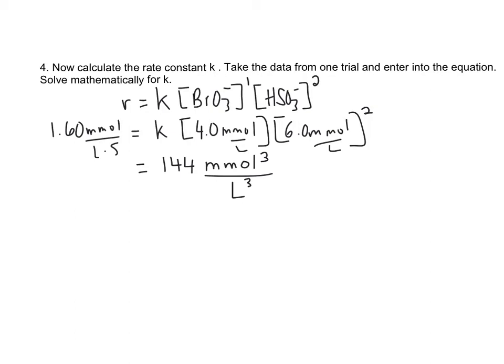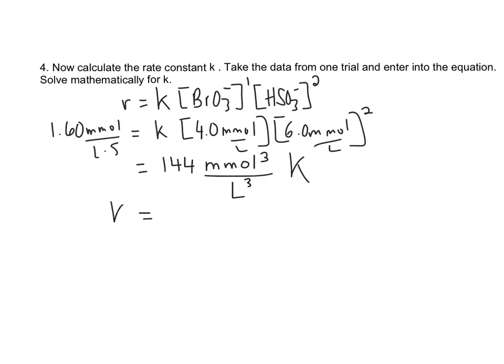And so now you're going to divide both sides by this 144 millimoles cubed over liters cubed. And don't forget, when you divide by a fraction, and that is what our units are, it's like multiplying by the inverse. So I'll do the number separately from the units.